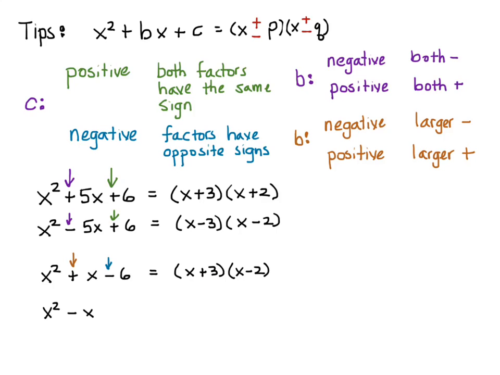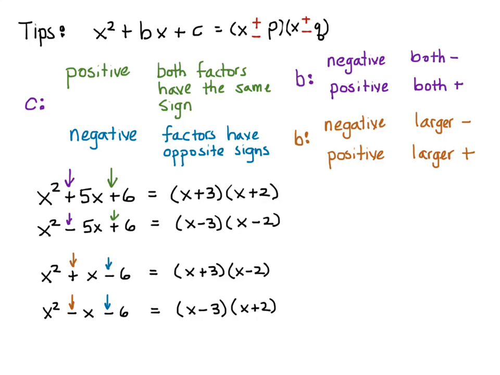If it was the other way around, where you would have minus x and minus 6, it's 3 times 2 makes 6, the difference is 1, and it's a negative 1, so it means that the 3 has the negative sign in front of it, and you get this.